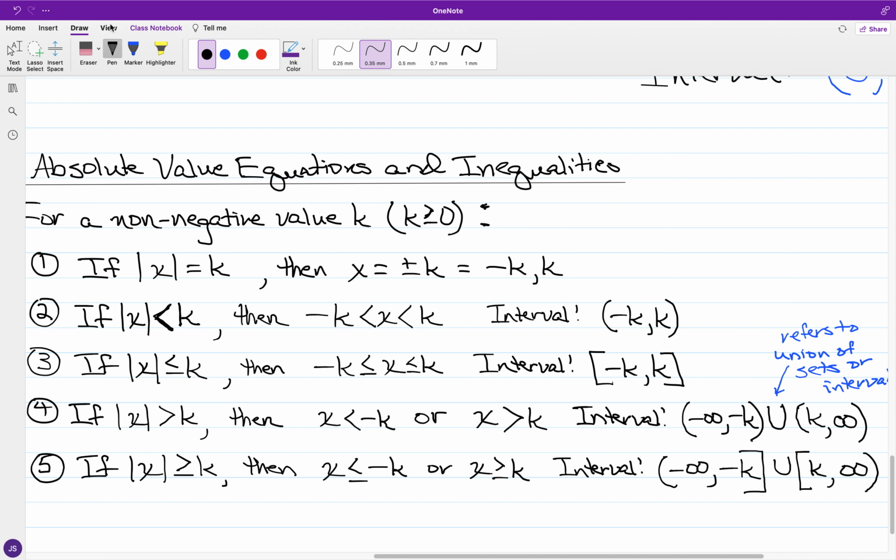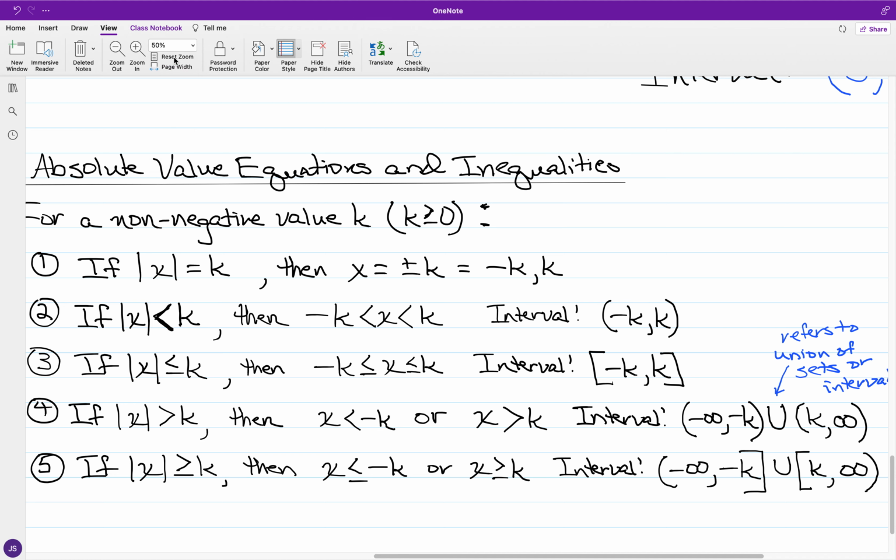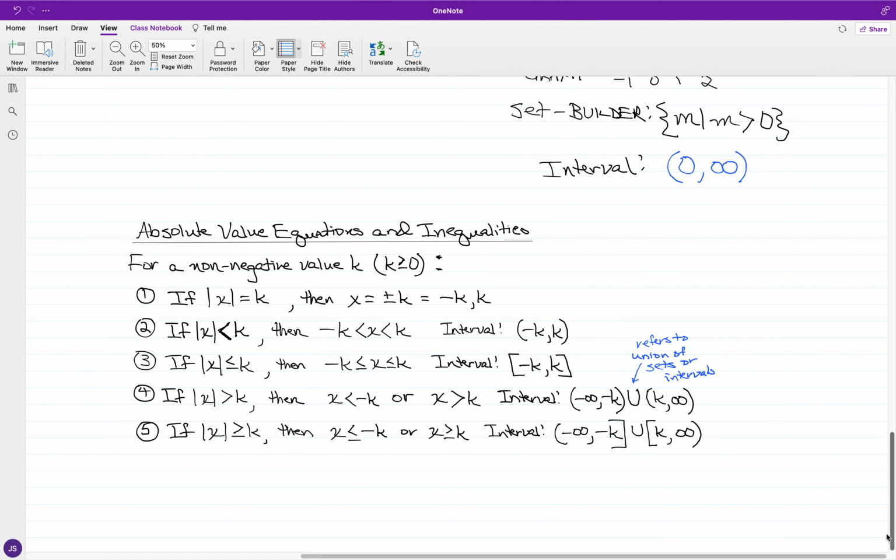And in terms of tying some of these statements together, let's say we're looking at determining the interval solution for x.